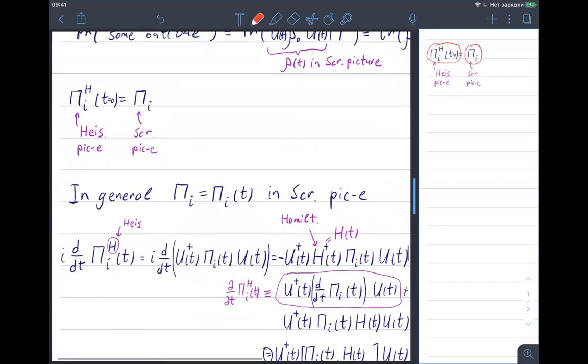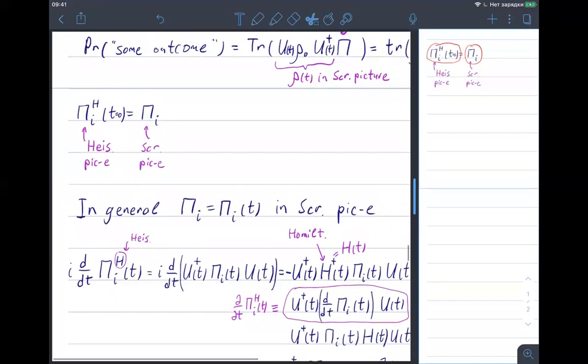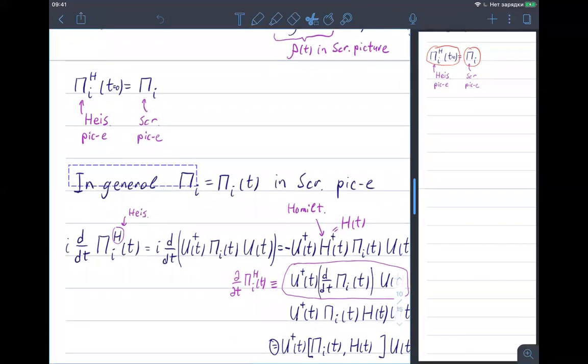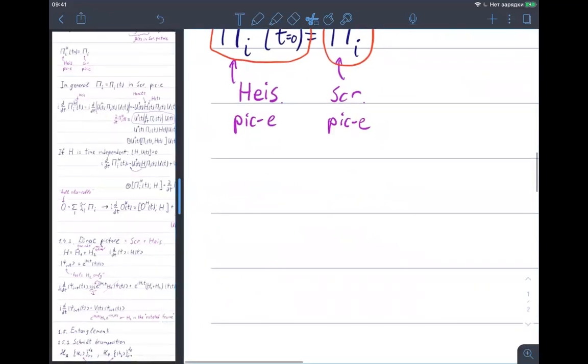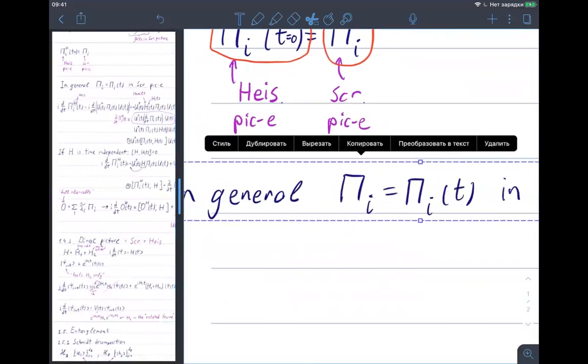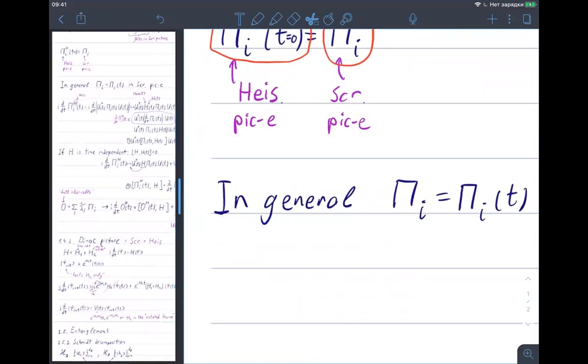What is also important is that in general, even in the Schrödinger picture, our operator can depend on time. The way I think about it is, imagine that you have some measurement device, and it evolves in some sense. For example, for different times, you measure projections on different axes.